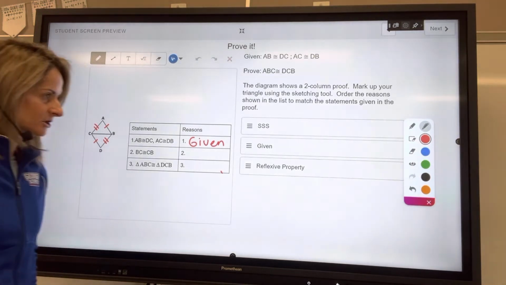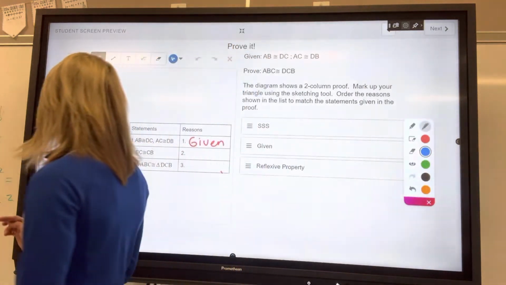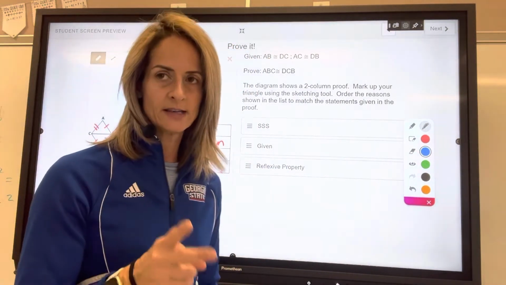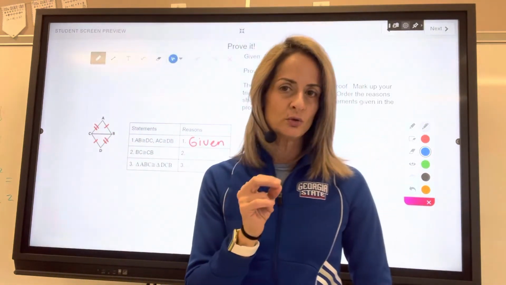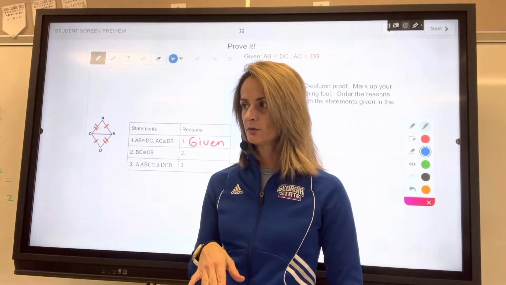Next piece of information. Now, remember how we were talking about in the last problem? When the 2 triangles share a side, we can assume that that side is the same length in both of those triangles.